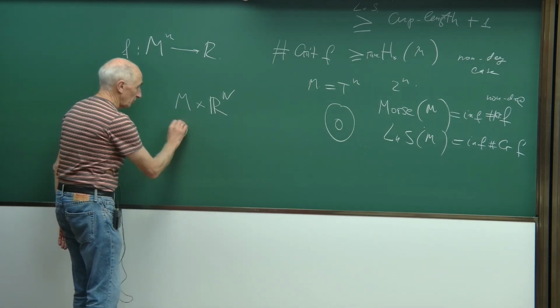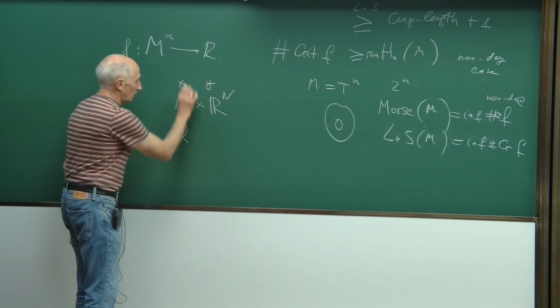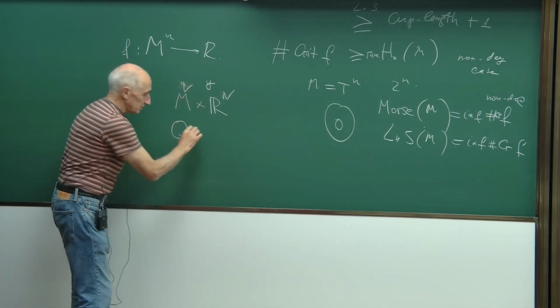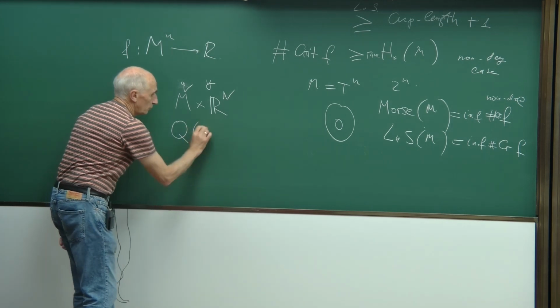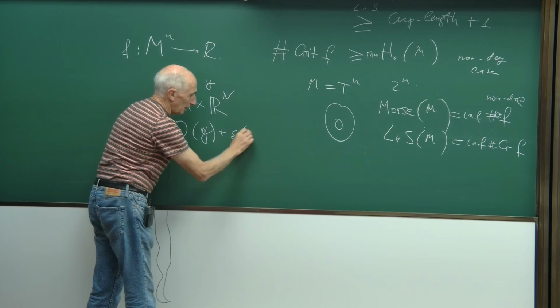You take a non-degenerate quadratic form, for instance xy, or I write again Q(y), and you write the function Q(y) plus this compactly supported function epsilon.